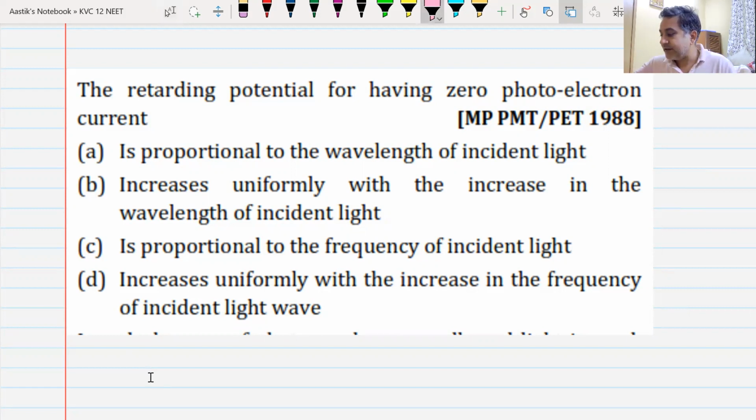So again, the answer here would be C, or it could also be D, because V naught is proportional to frequency, or it is a straight line.